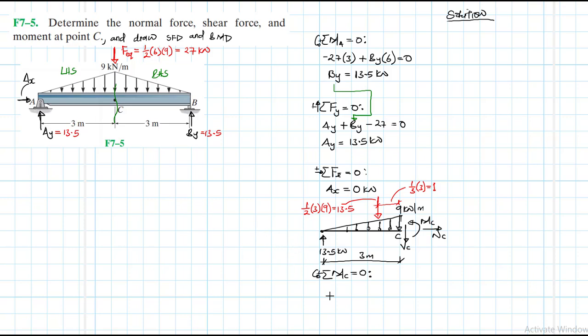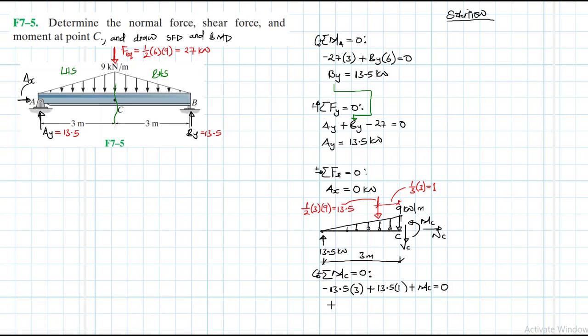We have a minus 13.5 times 3, a negative, and then we have a plus 13.5 times 1, then plus MC equal to 0.